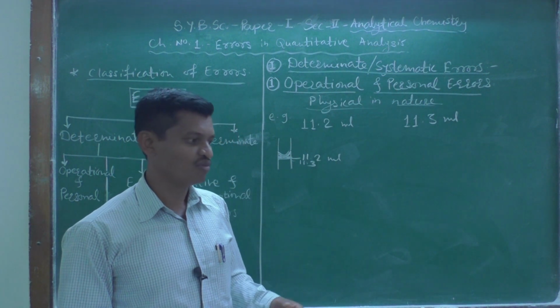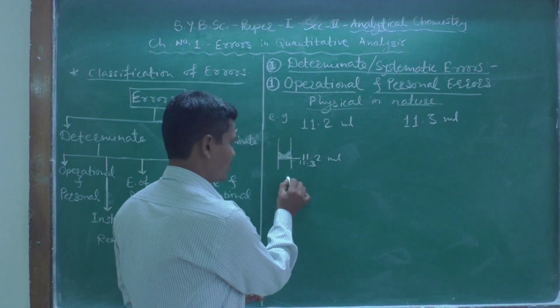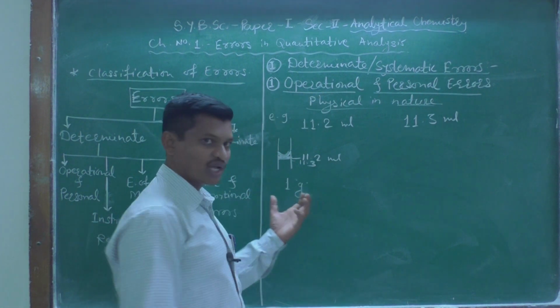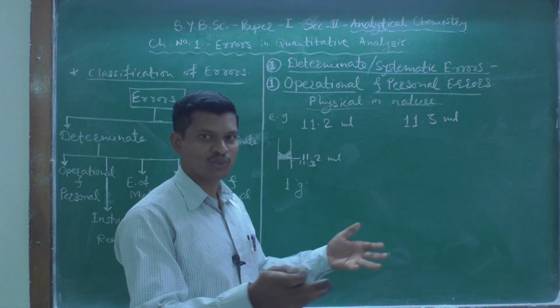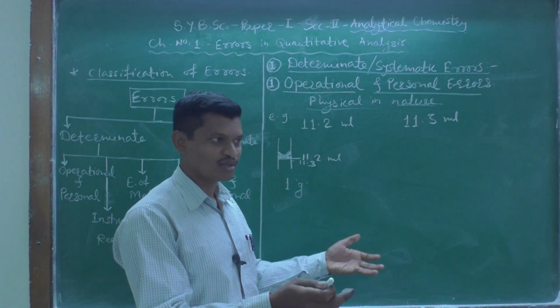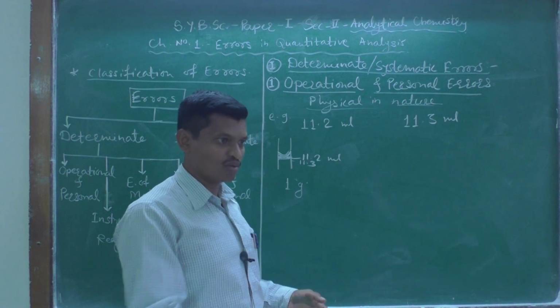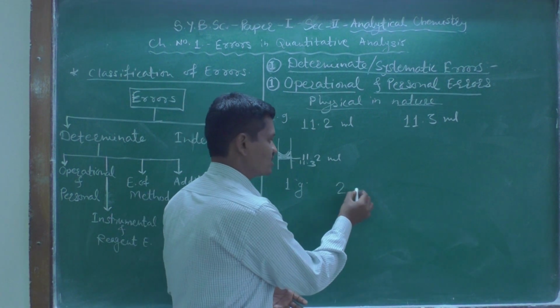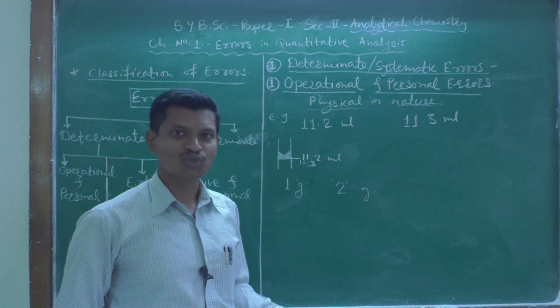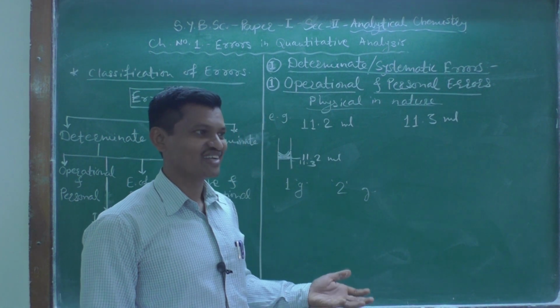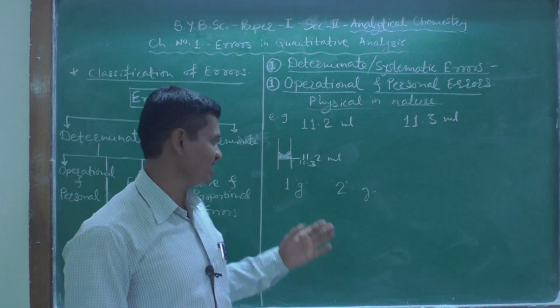Okay, or if one is weighing 1 gram of a compound on the electronic or analytical balance, but that person is writing in his record 2 grams. So it is just an error due to that particular person only.